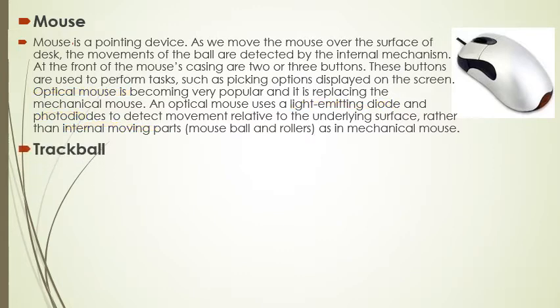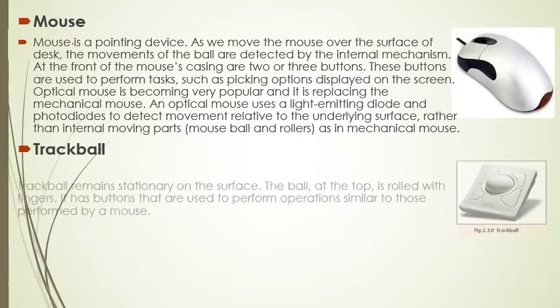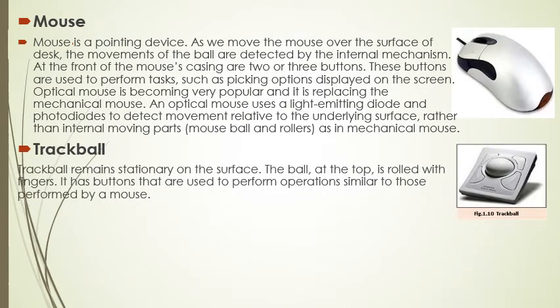The next pointing device is the trackball. One thing I left out about the mouse: in the center of a mouse we have one wheel, and that wheel is used for page up, page down, or scrolling. It is used basically for scrolling.